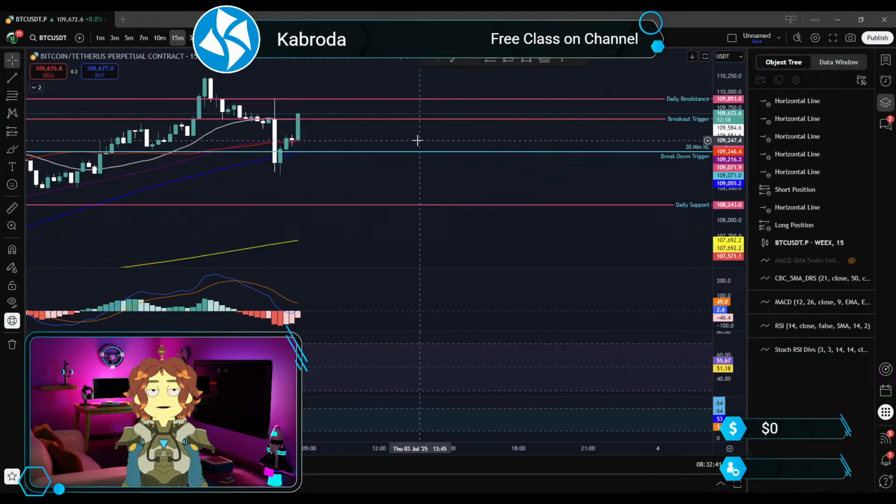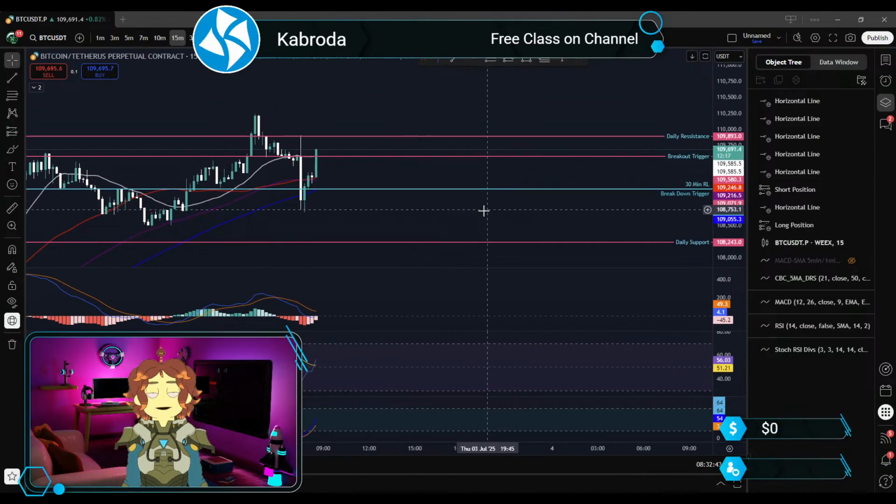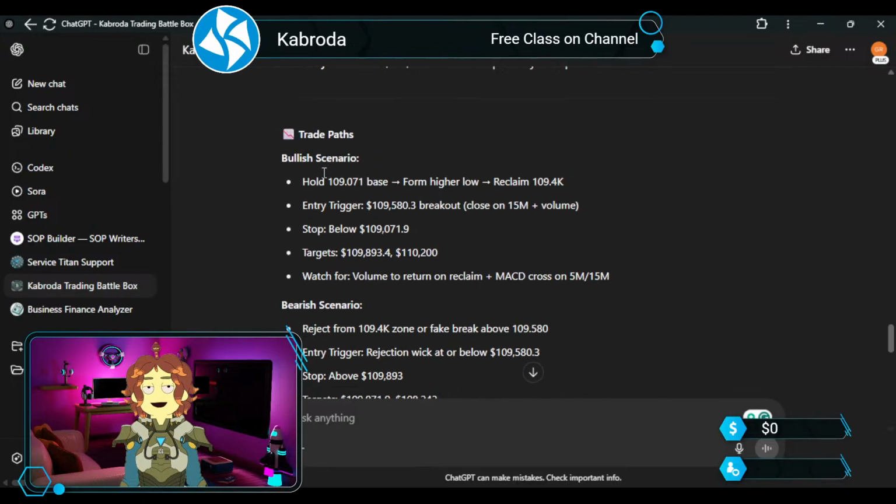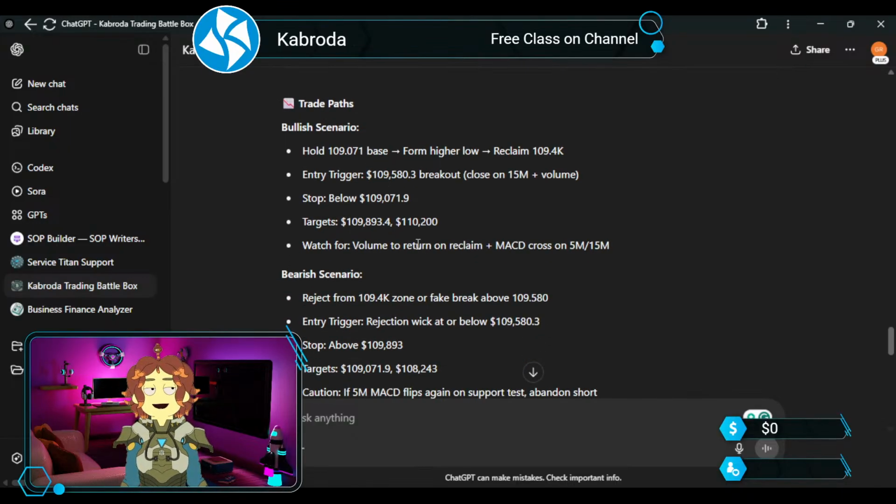So remember, I said this is not financial advice, but we're going to check out what ChatGPT is saying about what we should do for our trading scenarios. So we got our trading scenarios right here. The bullish scenario is that we hold 109 base, so that would be our low where the breakdown trigger is.